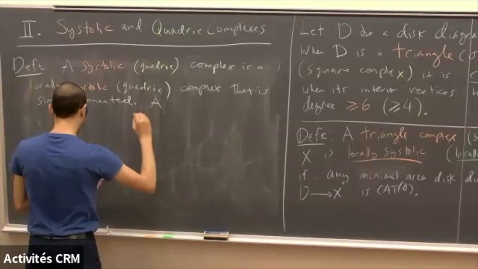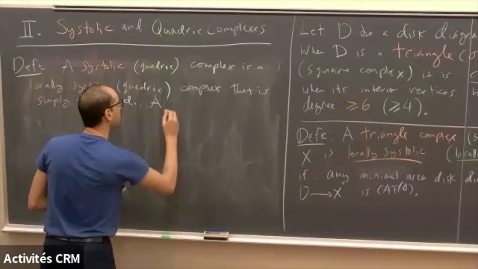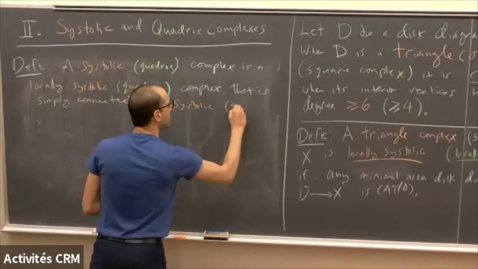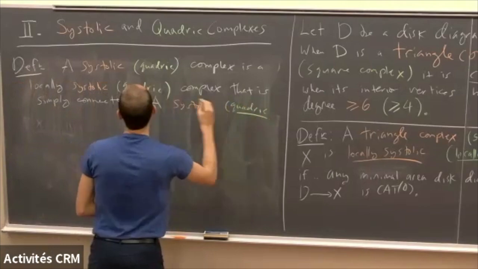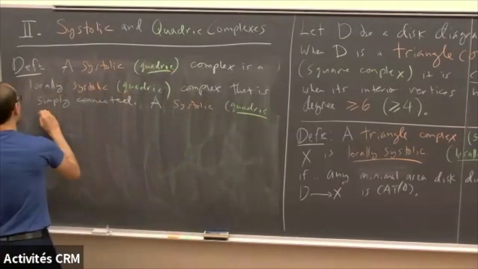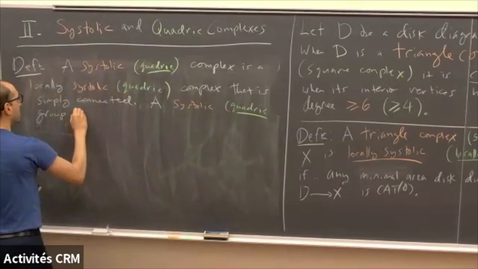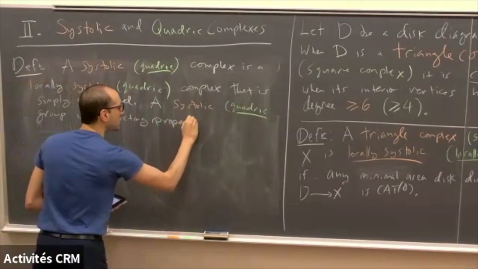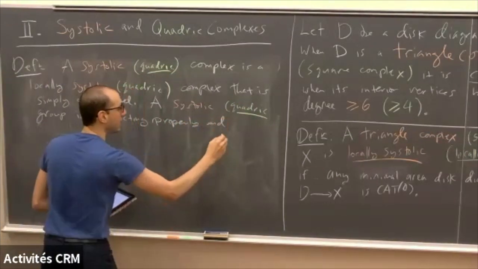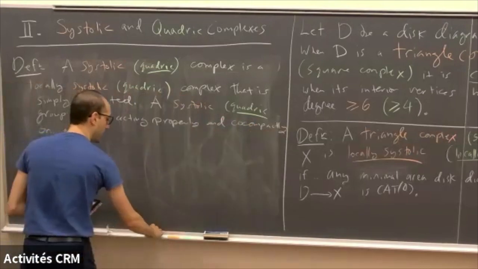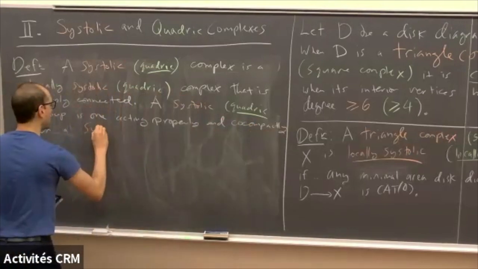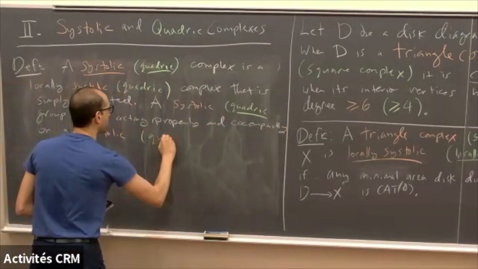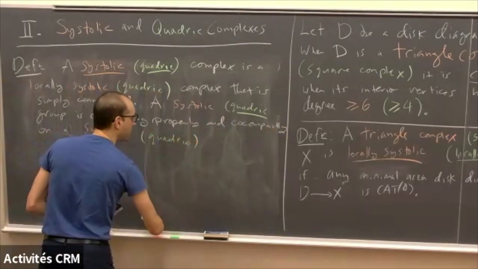And a systolic, respectively quadric, group is one acting properly and co-compactly on a systolic, respectively quadric, complex.